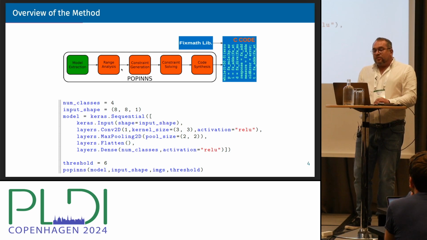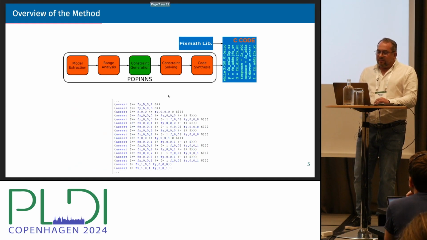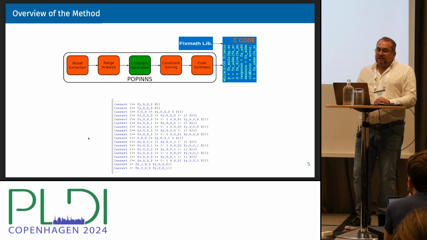And next, once we have these ranges, we generate a set of constraints. For those who know, it's a MILP, mixed integer linear programming problem that we have. So it's a set of equations and inequalities between linear expressions among integer quantities only.